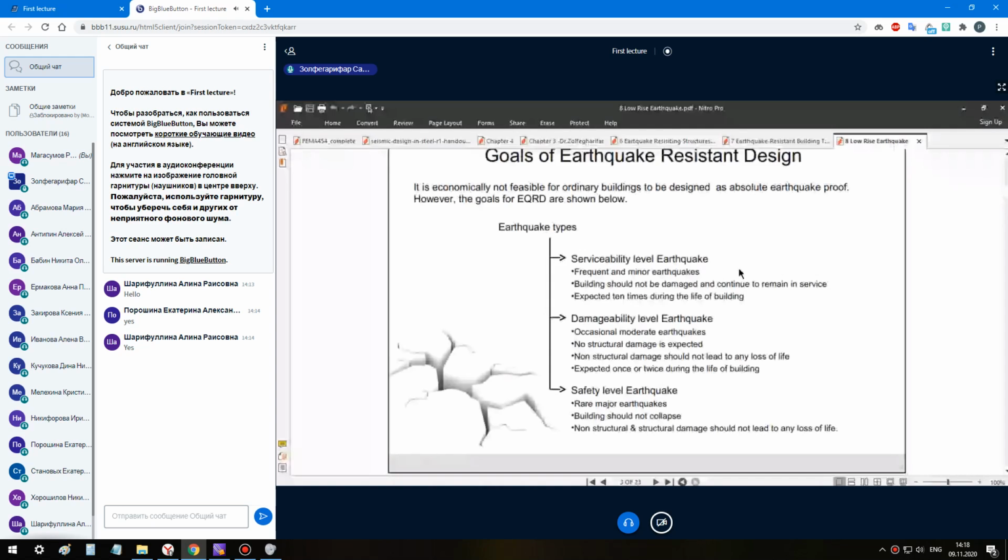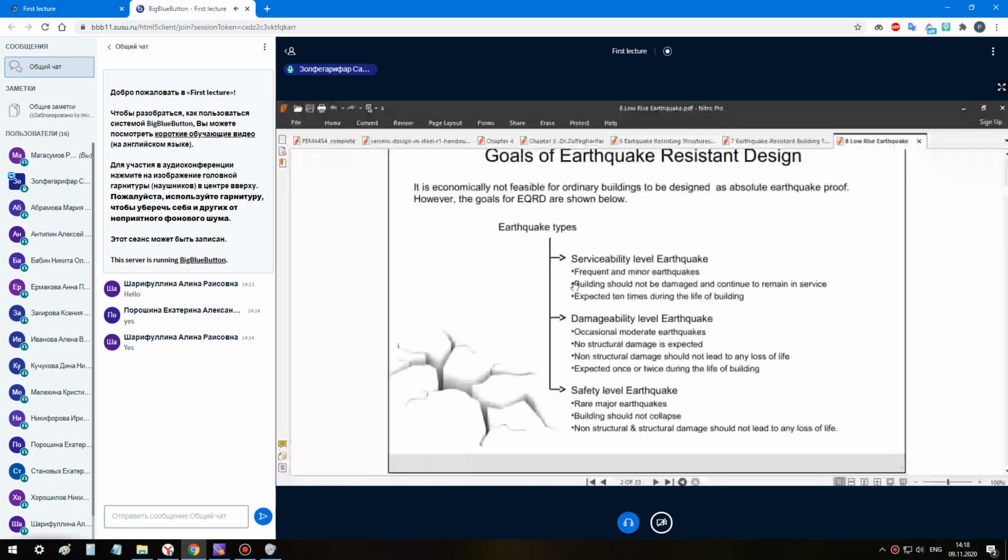Another level is the occasional moderate earthquake, where no structural damage is expected, the structure should not lead to any loss of life, and it is expected once or twice during the life of the building.